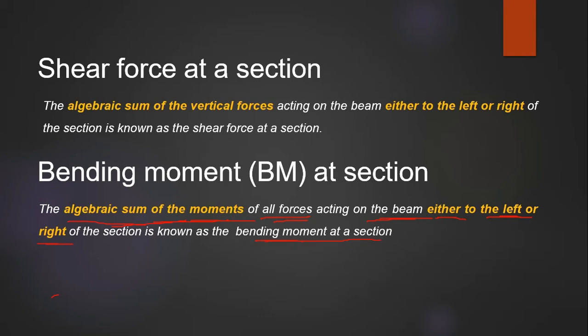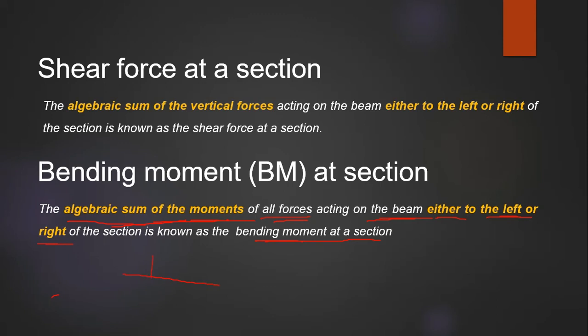As we saw earlier, shear force is the sum of forces, but here the bending moment at a section is the algebraic sum of moments of those forces about that section XX. So let me show you with a simple example as earlier.